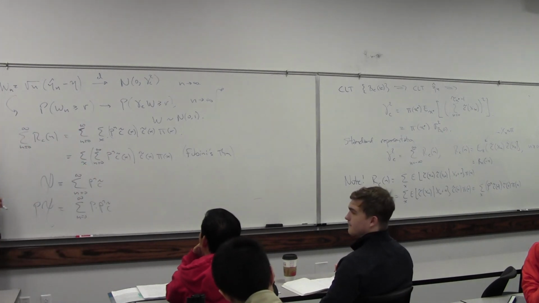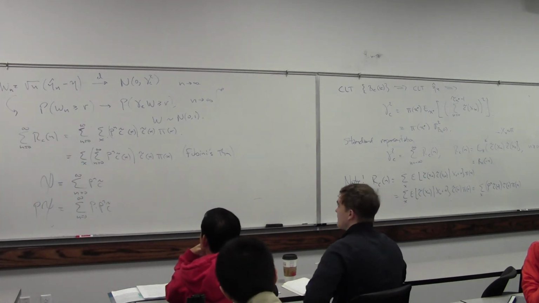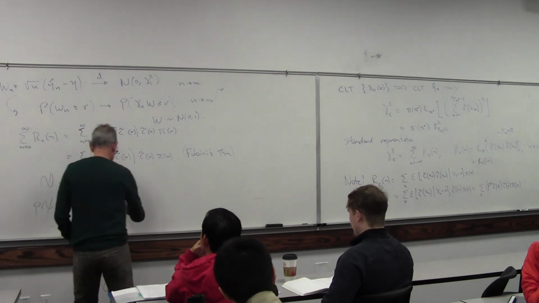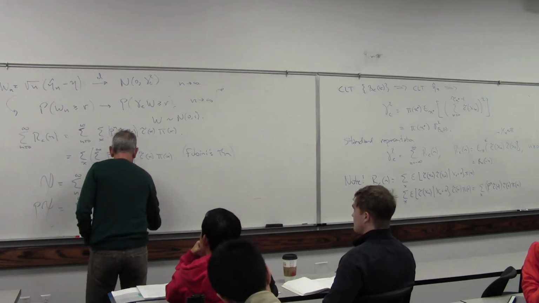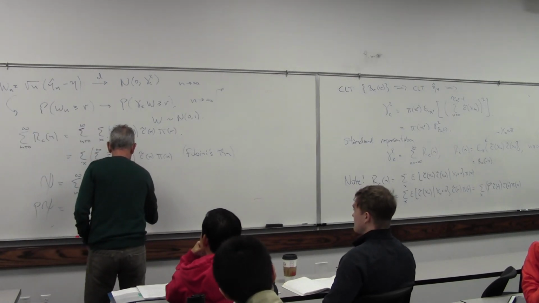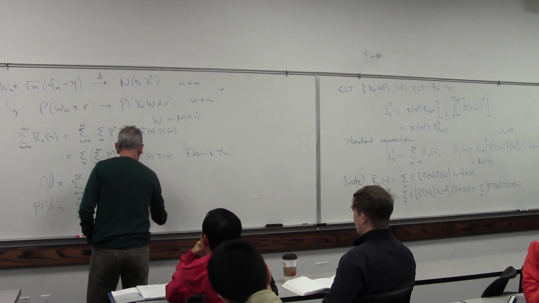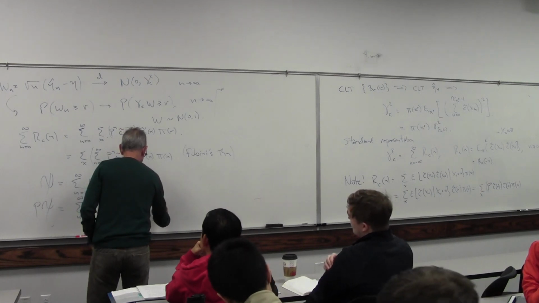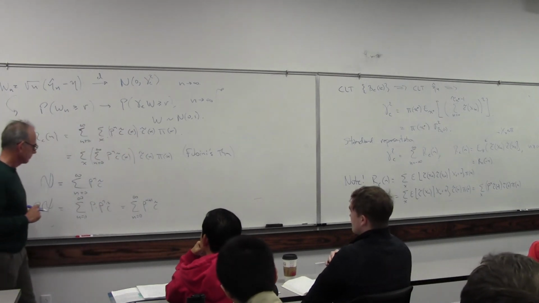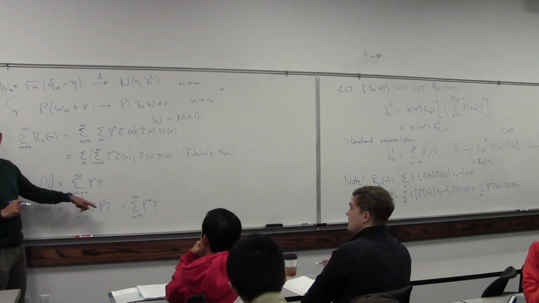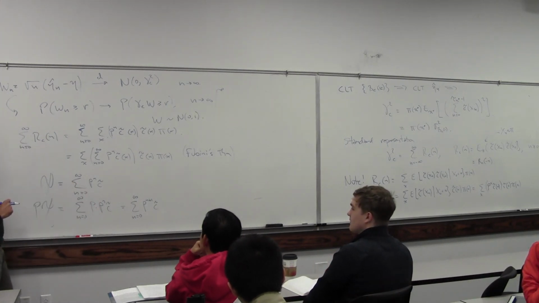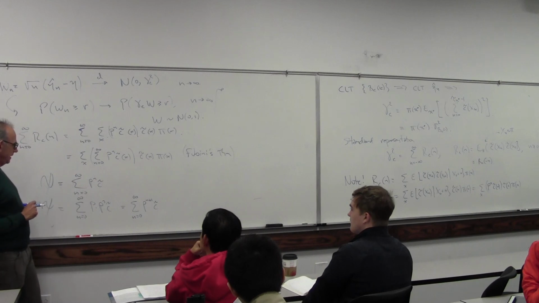Sounds like the homework, doesn't it? All right, p times p to the n is p to the n plus 1. And that looks like that, except we lost a term.